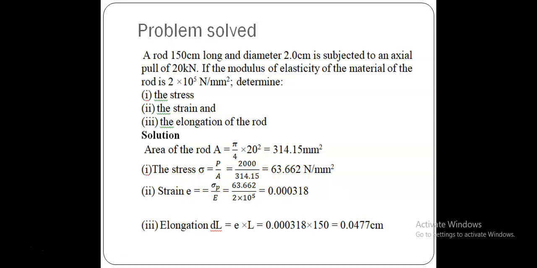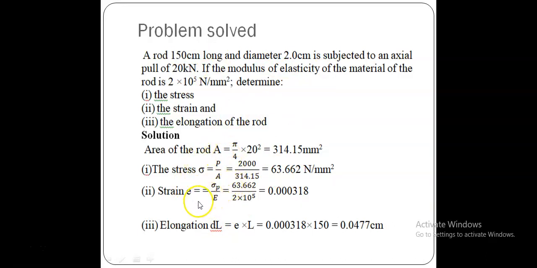Next, strain epsilon is equal to, we have different formulas. One is the simple formula del L by L, but we don't know del L, it is not directly given, it is what we are going to find, and therefore we use another formula.